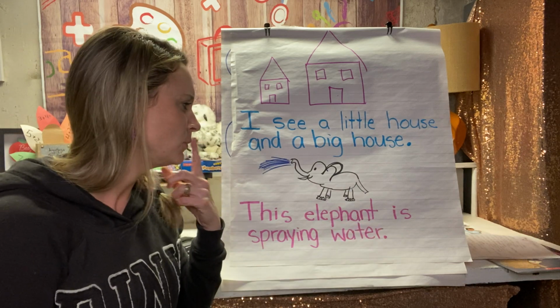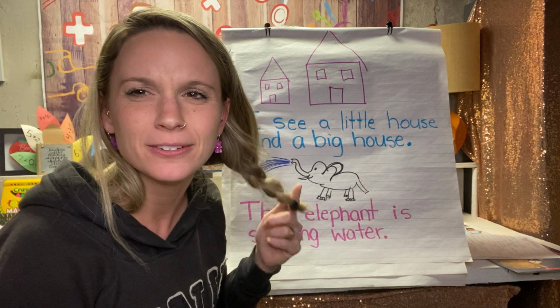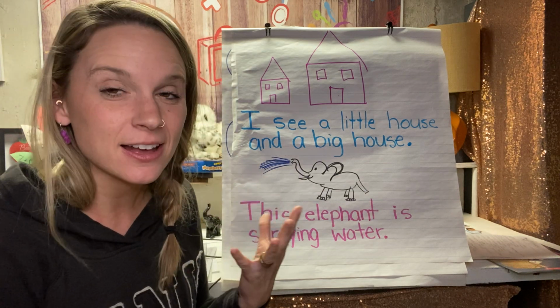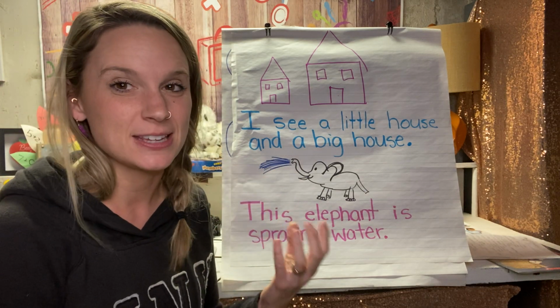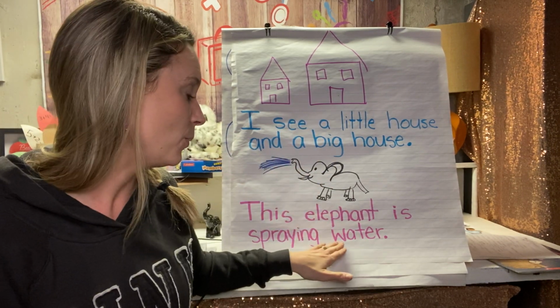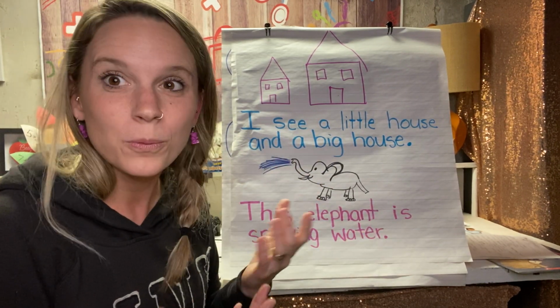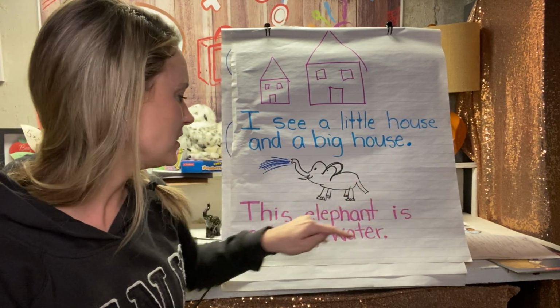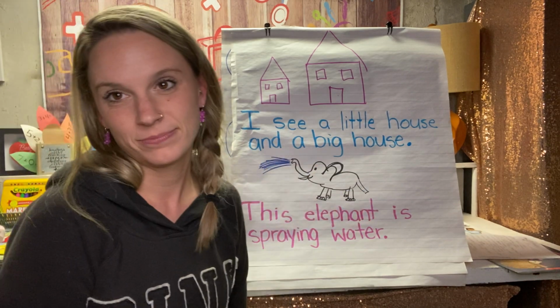Water. What's that? See, sometimes when we sound out a word exactly, it doesn't sound right, does it? So you need to think, what kind of sounds like that? Water, right? Water. So this elephant is spraying water, okay?